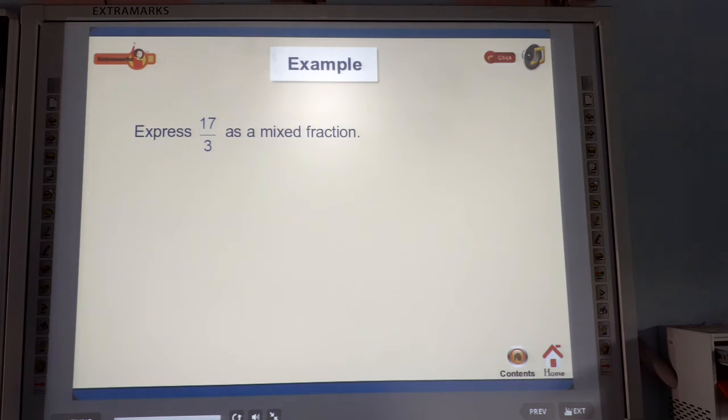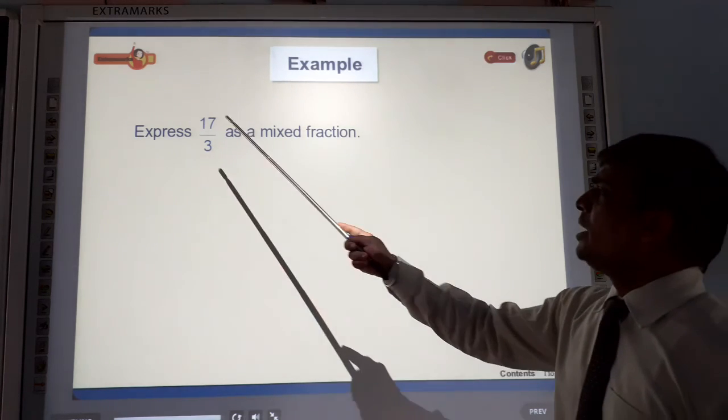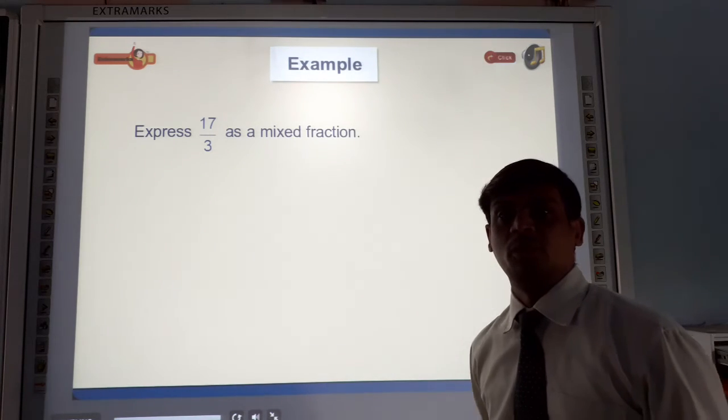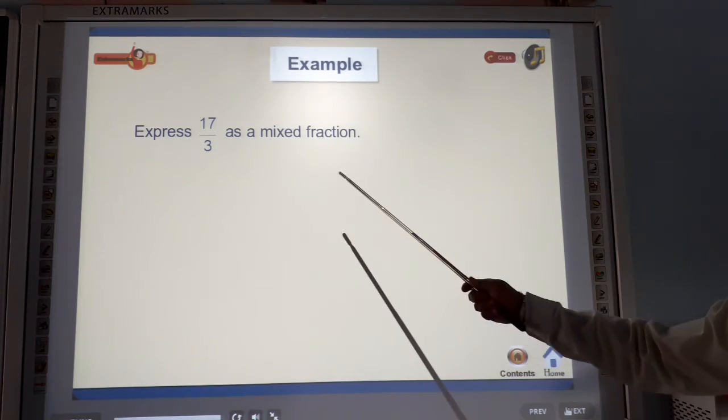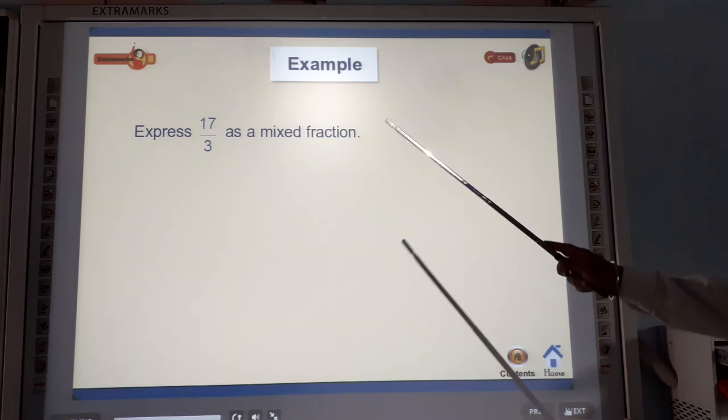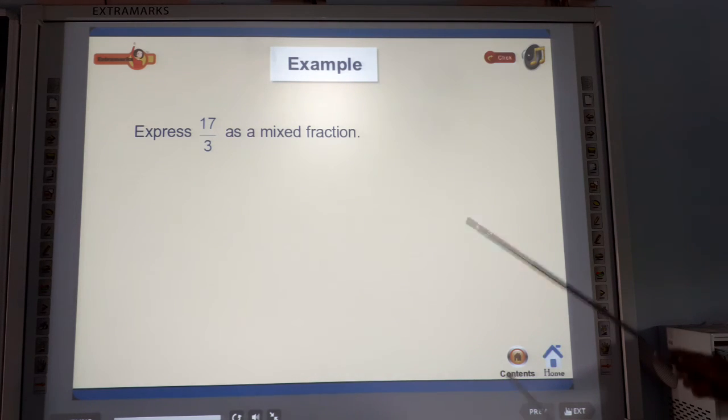Now the first example is express 17 upon 3 as a mixed fraction.